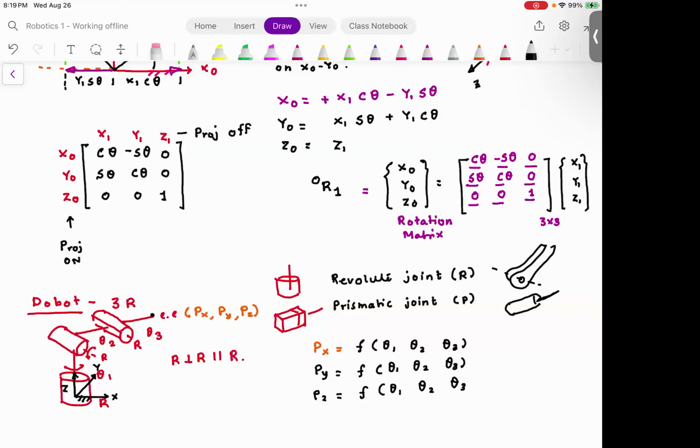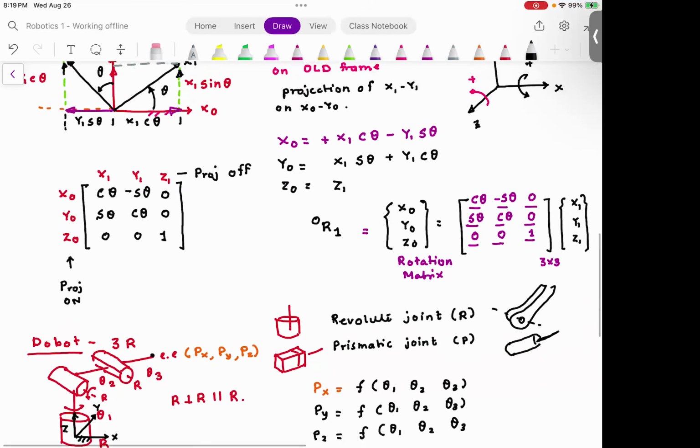So you would come up with some type of expression that relates these inputs. We substitute these values and get outputs. That would be the forward kinematics problem for the DoBot. Everyone understood this?